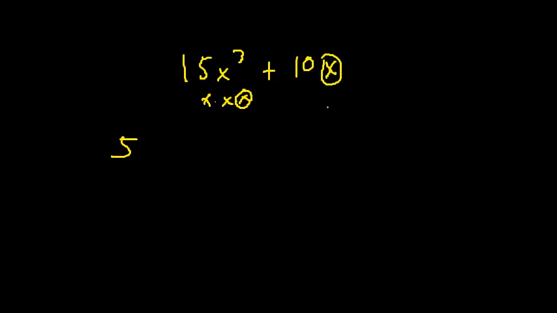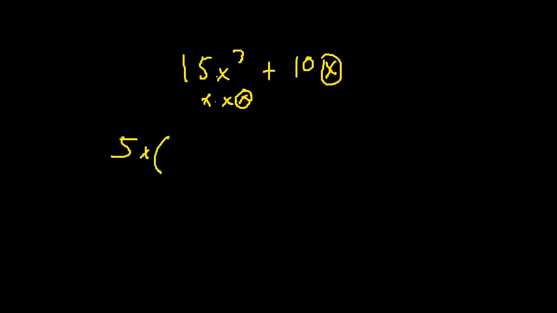One thing to note here is that the factor of x that we pull out is always going to be the same as our lowest power of x. So here we had an x cubed and an x to the first. X to the first is what we'll be able to pull out of each of those terms. So we have 5x.